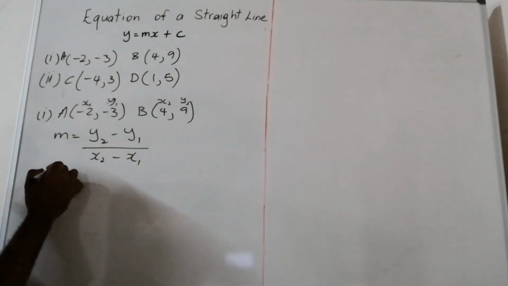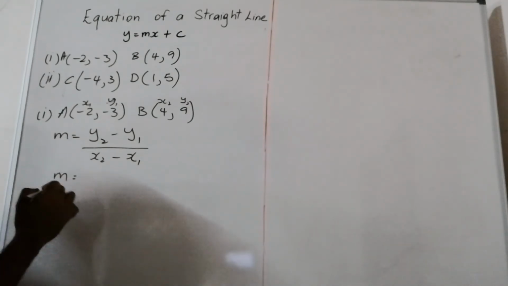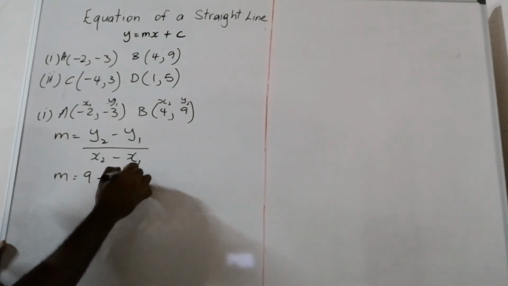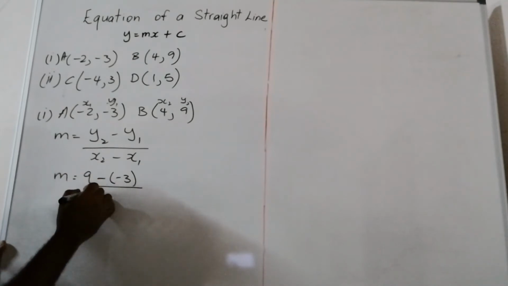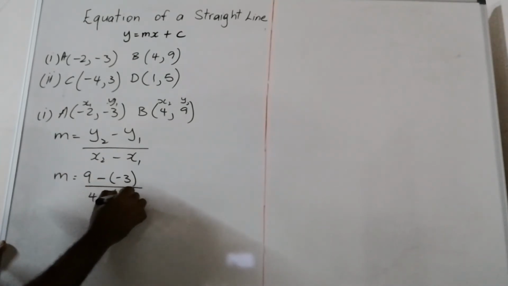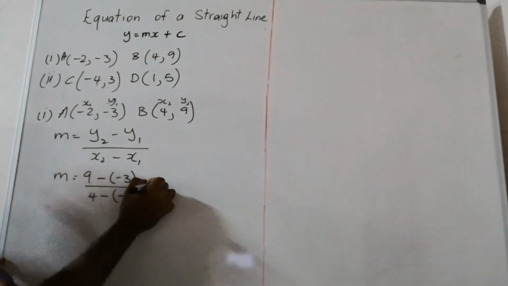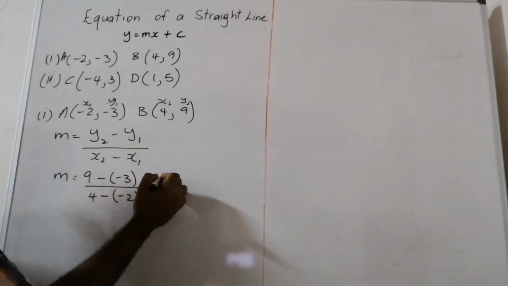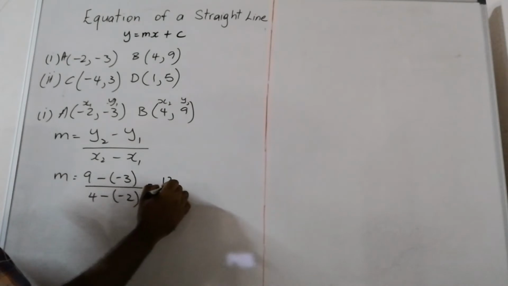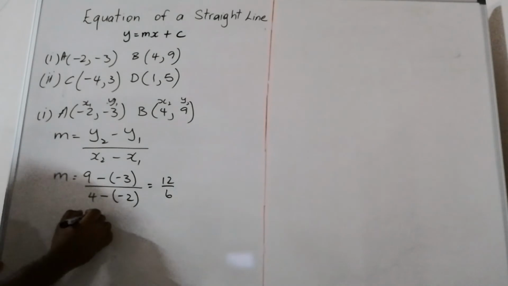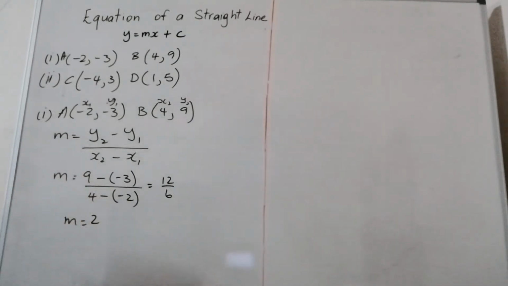So our gradient is equal to 9 take negative 3 over 4 take negative 2. So 9 take negative 3, that will give us 12. And 4 take negative 2 will give us 6. So our gradient is equal to 12 divided by 6, which will give us 2. So our gradient is equal to 2.